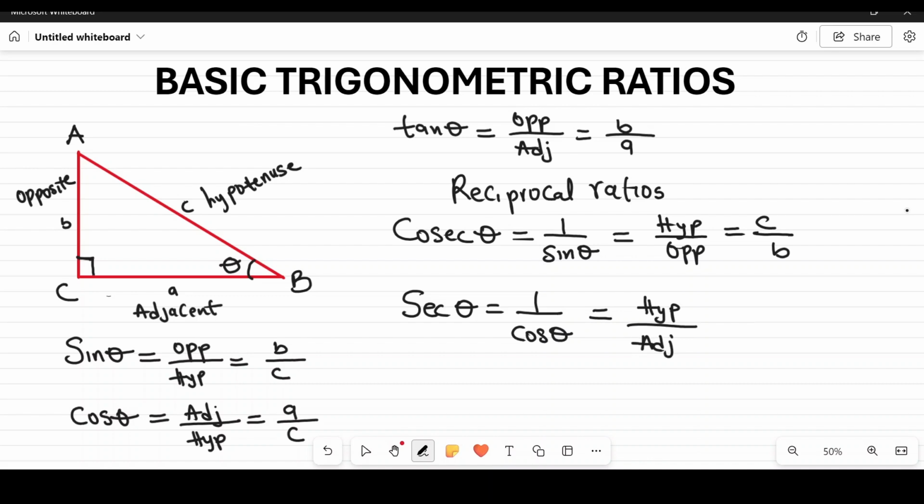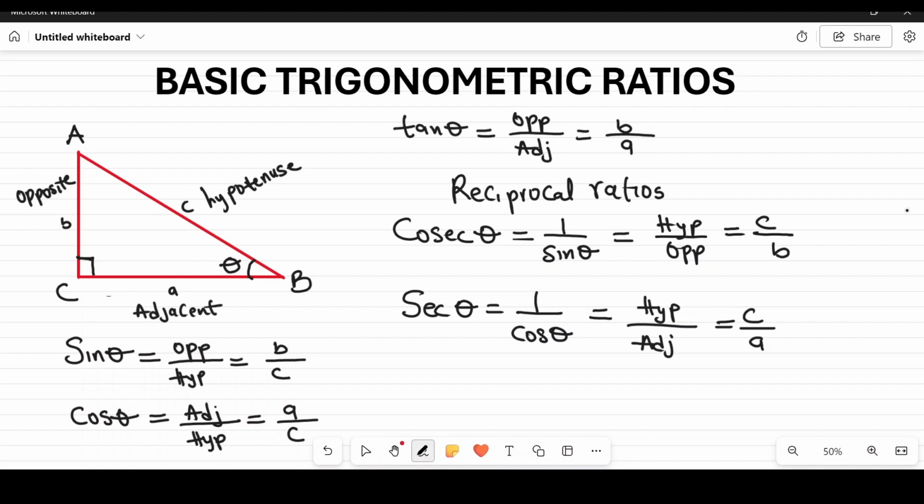From our right angle triangle, our hypotenuse is side AB, represented as letter C, and our side CB is the adjacent side, represented by letter A. So this will be C divided by A.